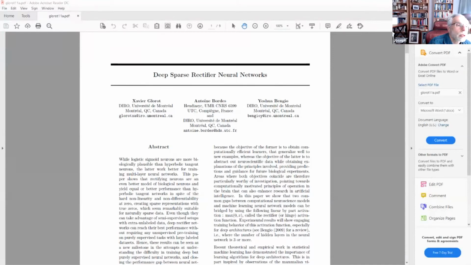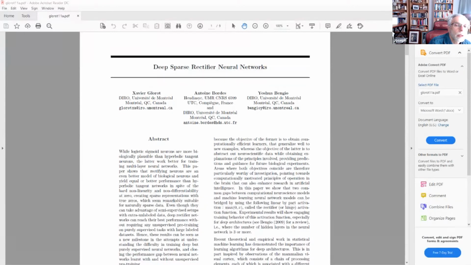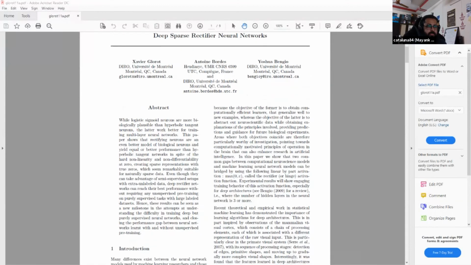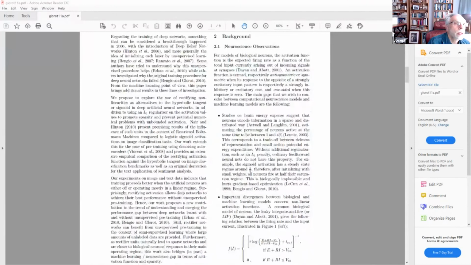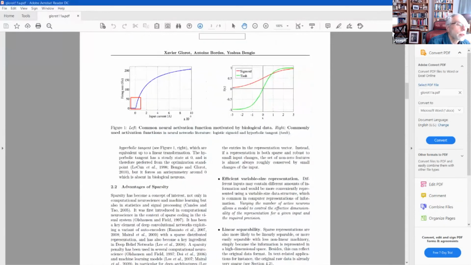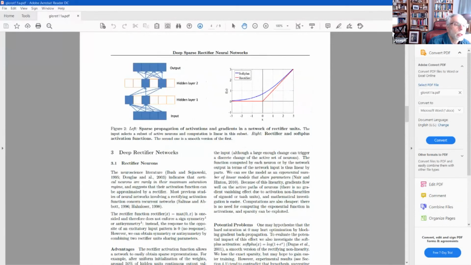So where do we want to look? On the third page. That's page 2. Yes, this is figure 2.